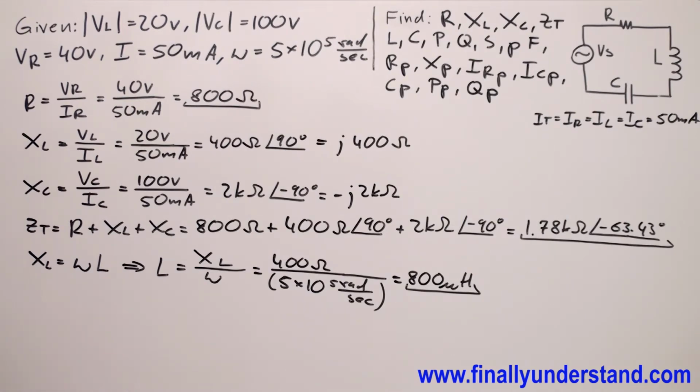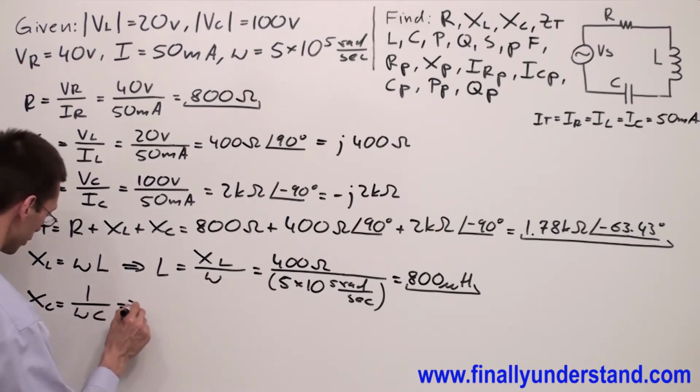Next, we're supposed to find the capacitance in the series circuit. In order to do so, I'm supposed to use the formula for the capacitive reactance. X of C is equal to 1 over omega C. Again, if you're looking for C, you can ignore the angle or J. You're not supposed to use them.